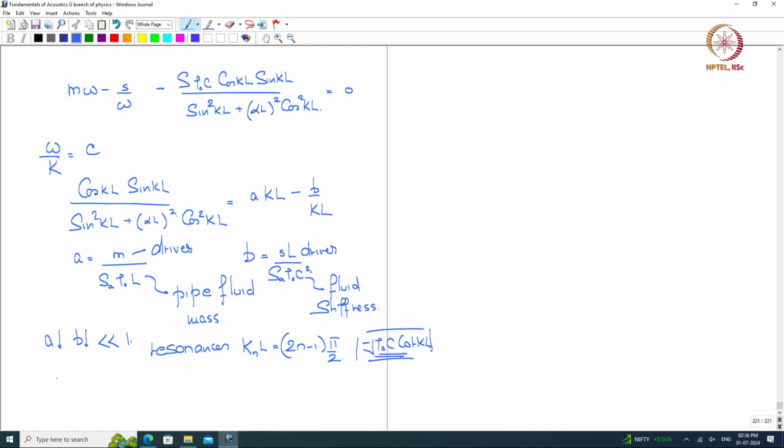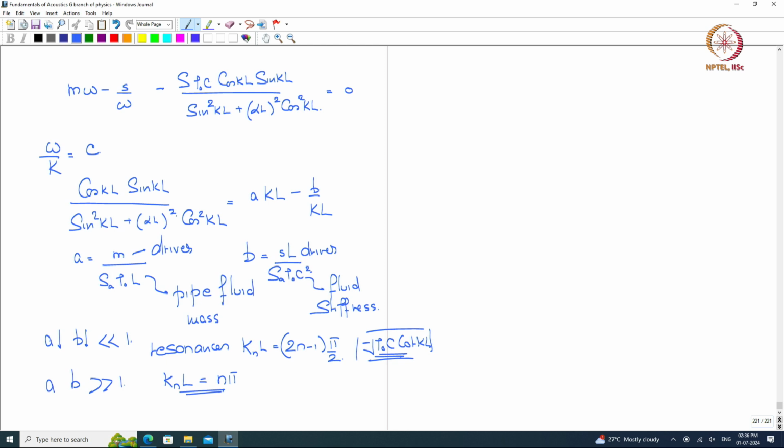Whereas if the driver is heavy, A and B are larger than 1, then you get resonances which are at n pi. Okay. And that is when you will get a non-zero pressure at the surface of the piston.